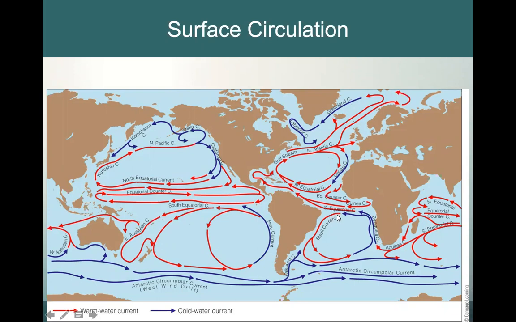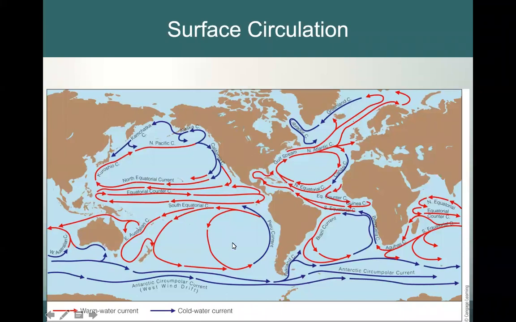If we look down in the South Atlantic, we see that similarly, there is the warm western Brazil Current transporting warm waters from the equatorial region down to the southern part of this gyre. And on the eastern side, we see the cold waters being transported by the Benguela Current.